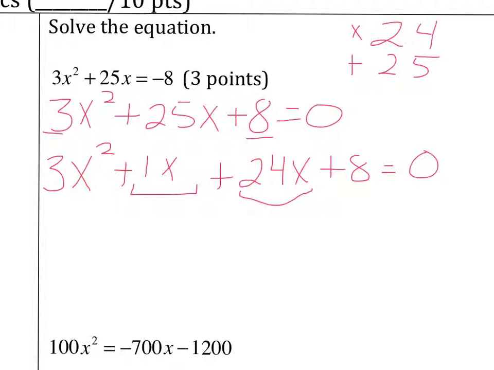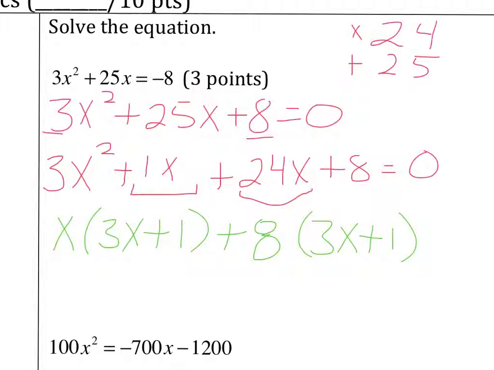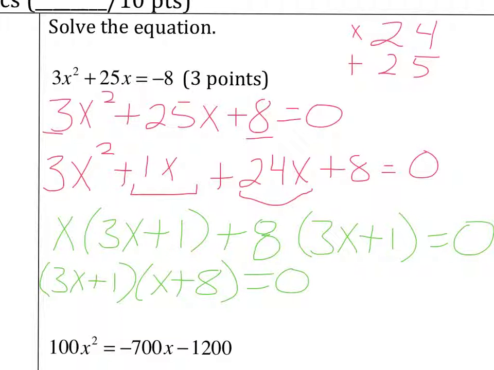If I factor stuff out of the front, I get an x and a 3x plus 1. If I factor stuff out of the next part, they both have an 8 in common. I'm going to have an 8 and a 3x plus 1. So I'm going to have a 3x plus 1 and an x plus 8 equals 0.